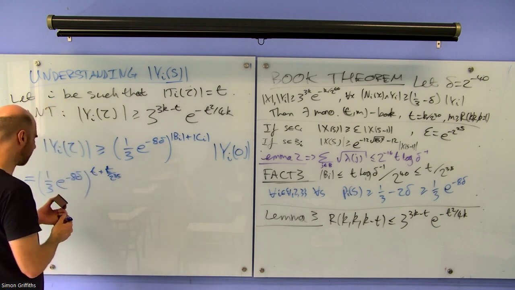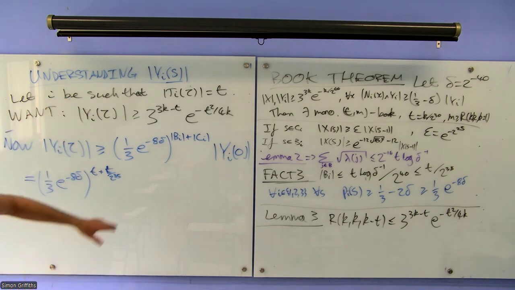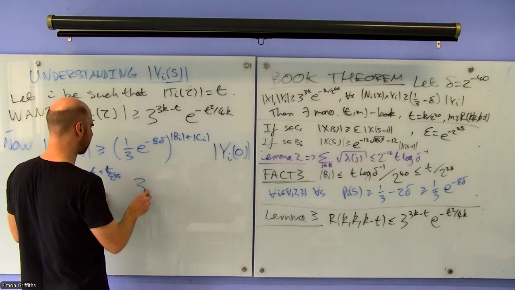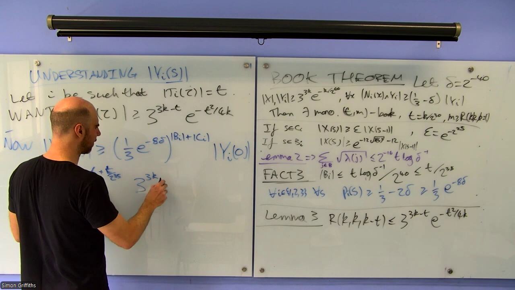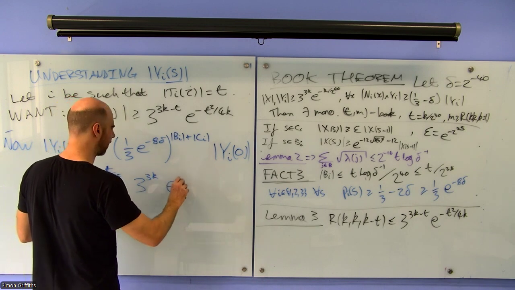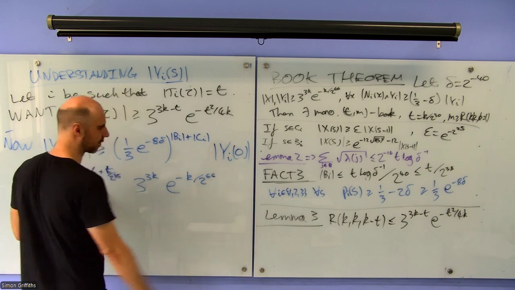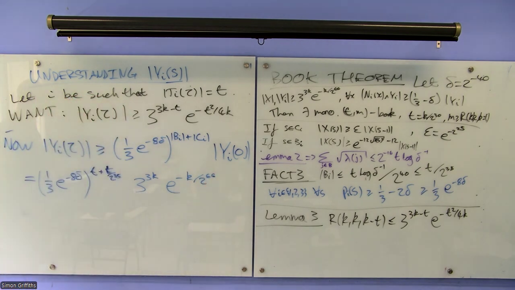Let's put in, we won't do contradiction this time, the size of y0. So this is 3 to the 3k, e to the minus, was it k over 2 to the 66? Good. So what have we got?